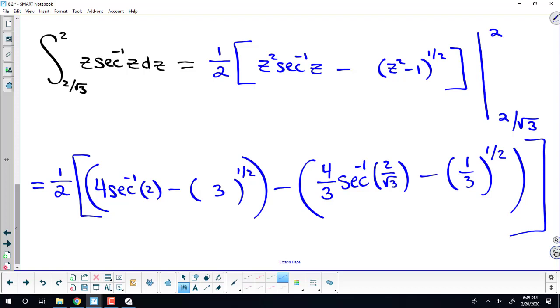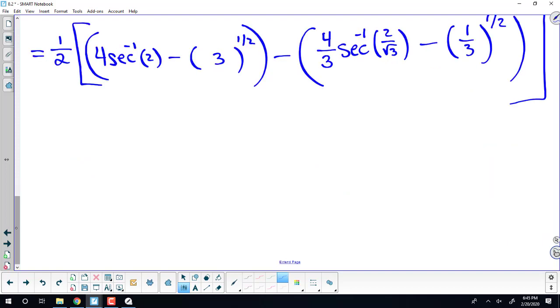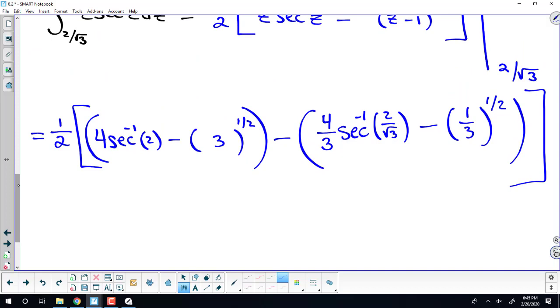So if evaluating inverse secant of 2 and inverse secant of 2 over root 3, how do we evaluate those without our calculators? Unit circle. Just use the unit circle. You could, yeah.